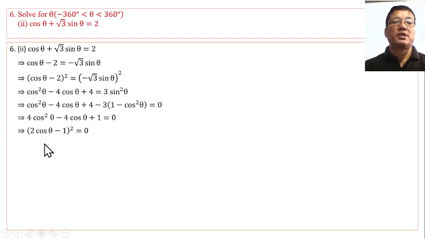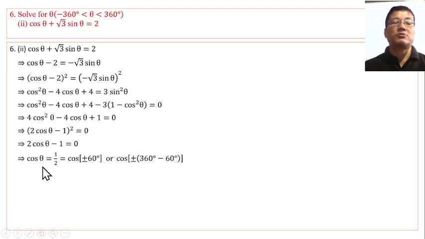Factorize or complete the square, 2 cos theta minus 1 equals 0, cos theta equal to half. Cos theta is half in the first quadrant and fourth quadrant, angle to give plus minus on top.